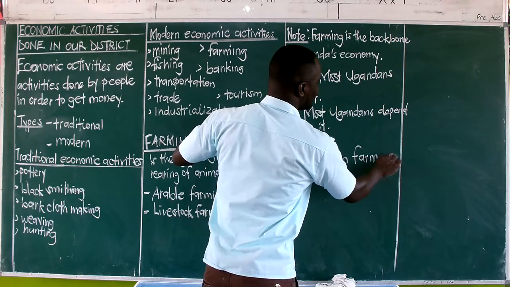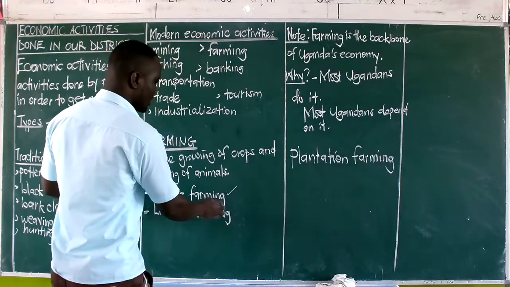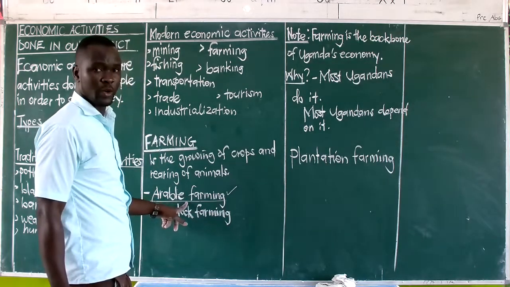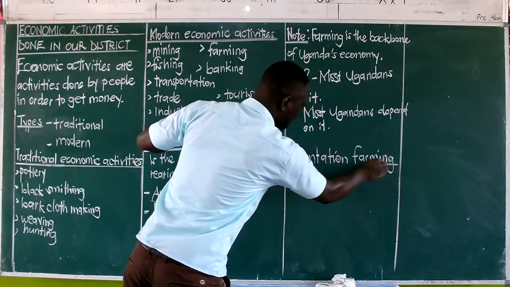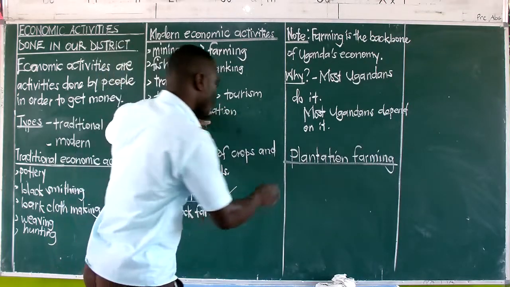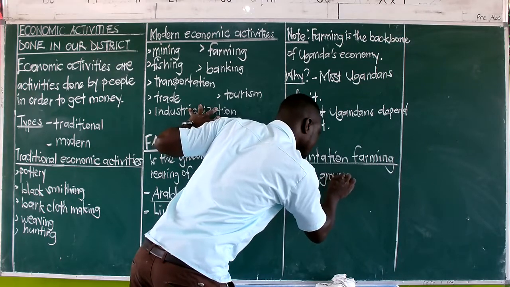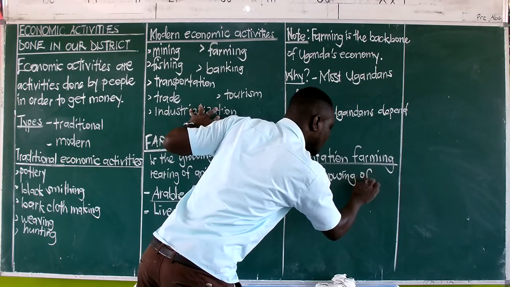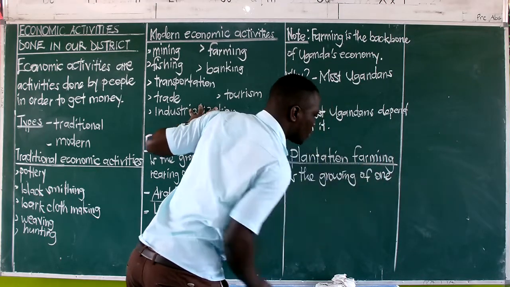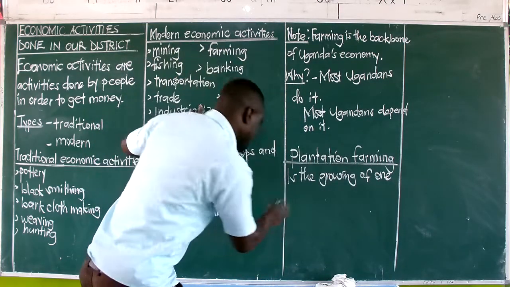Remember, plantation farming is under what we call arable farming, growing of crops. Now, plantation farming, I would say, growing of one perennial crop. Sometimes we say, is the growing of a single perennial crop.